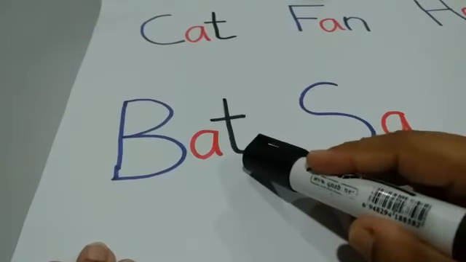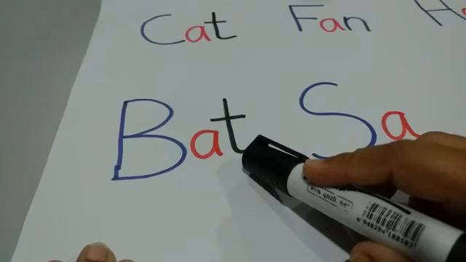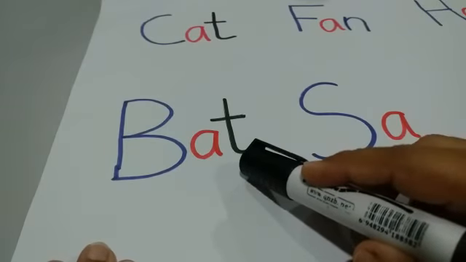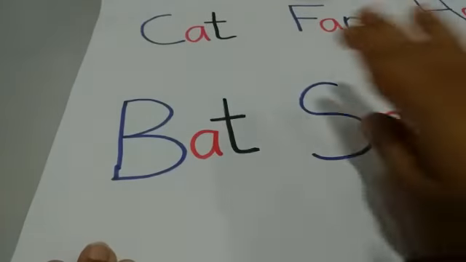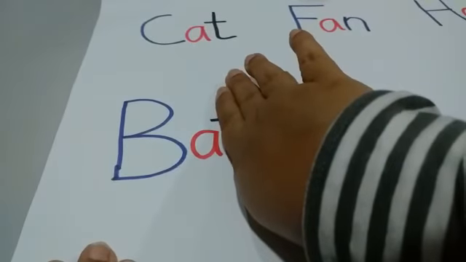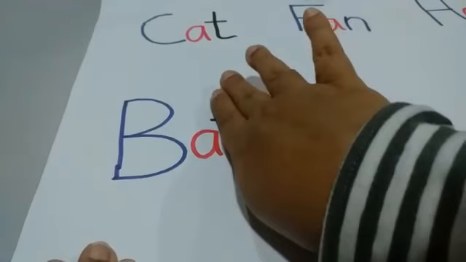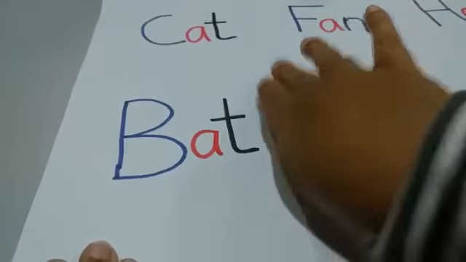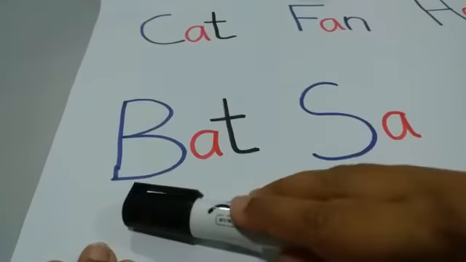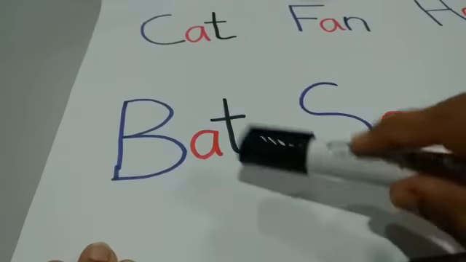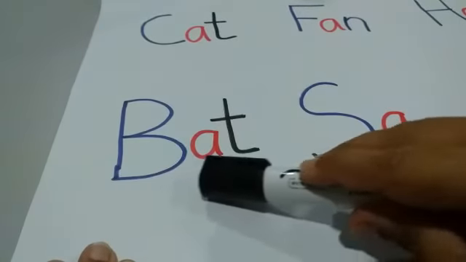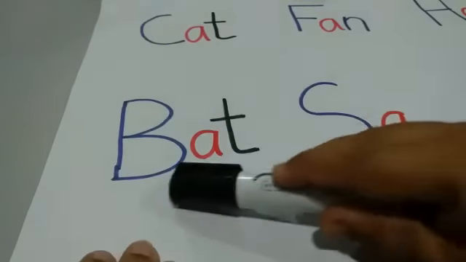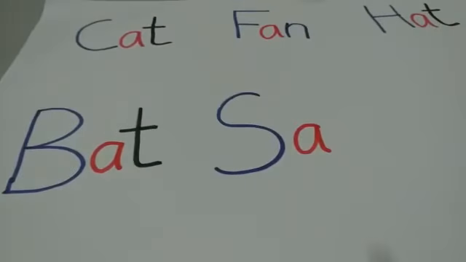It's letter T. T. So, now this is ba and T. Ba, T. So, when you put this together, it is bat. Okay? What is it? Bat. Okay. Now the next one.